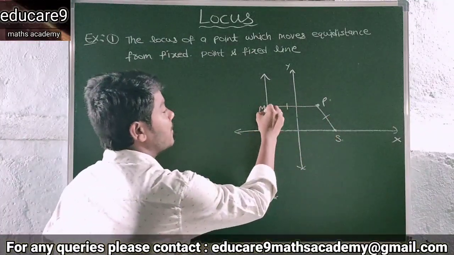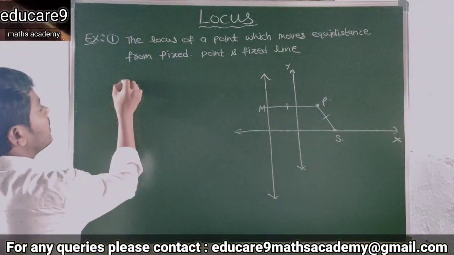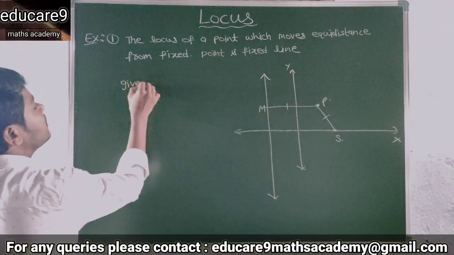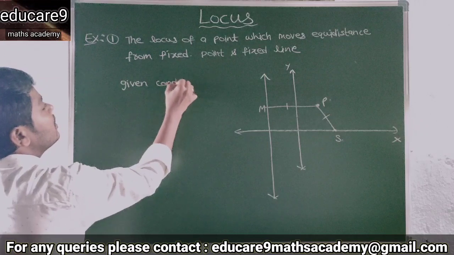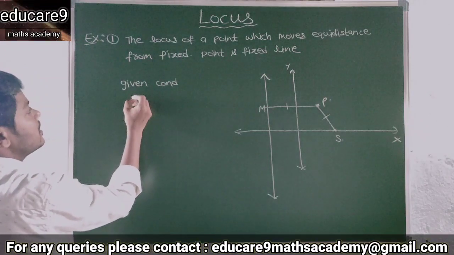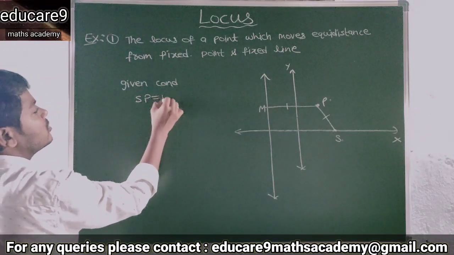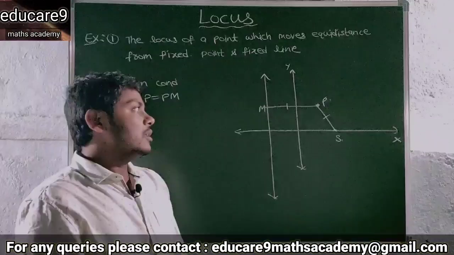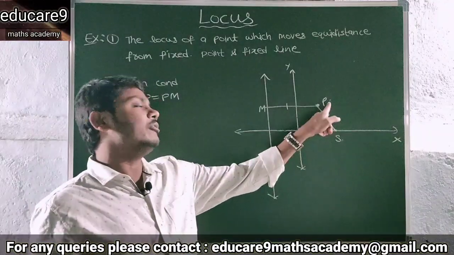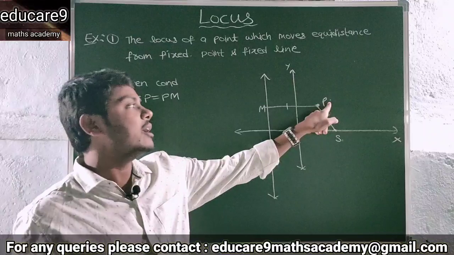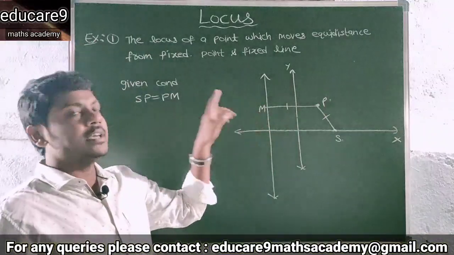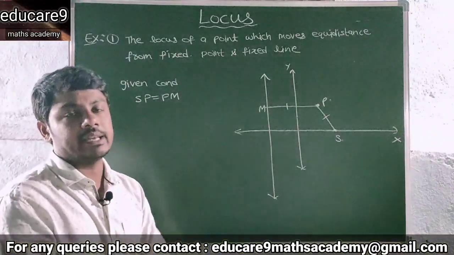Suppose this is M. So here the given condition is SP equals PM. That is, the distance from the fixed point to the variable point equals the distance from the variable point to the fixed line. The two distances are equal.